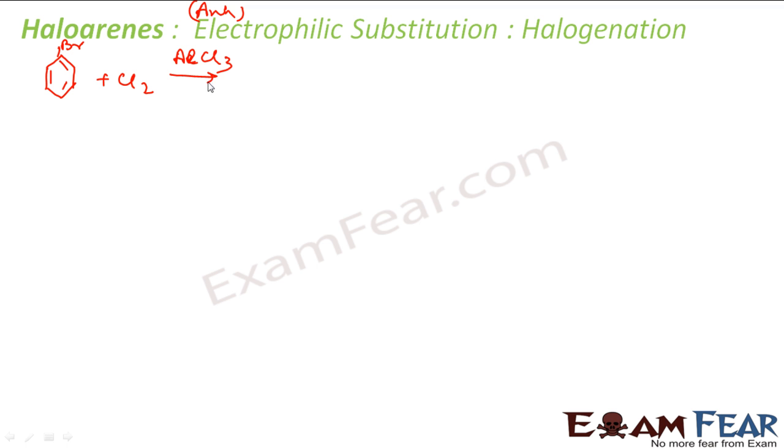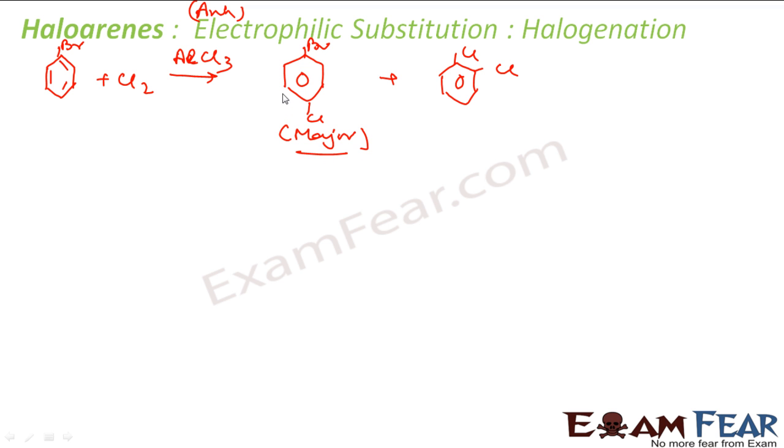Now what I'll get is, as I told, it's an ortho and para directing group. So I'll get a Br here, and I'll get a chlorine here, and I'll also get a chlorine at the ortho position, but the para will be my major product.